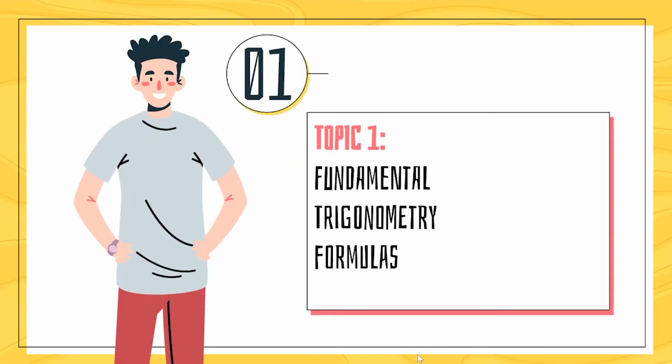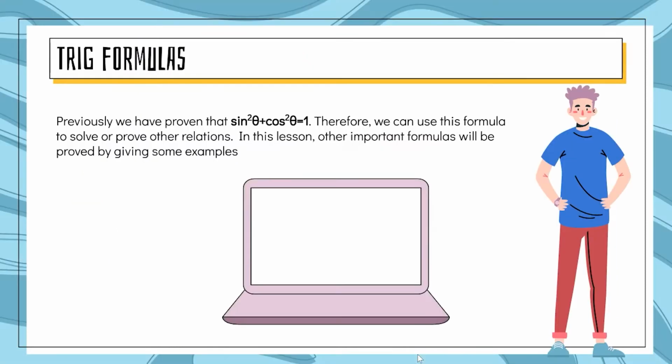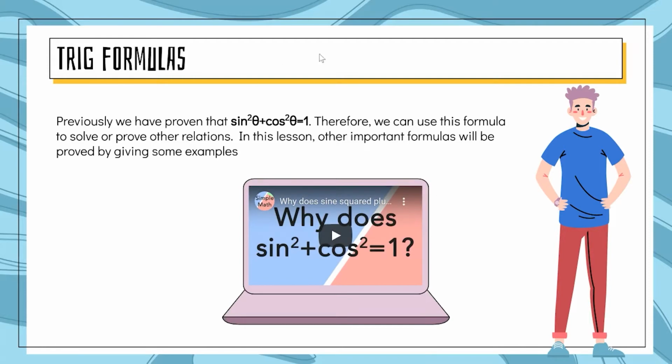And the next topic is fundamental trigonometry formulas. Here we have the formulas. There is one video, and I want you to go to YouTube and watch this video because it is so helpful for understanding the unit lesson better.